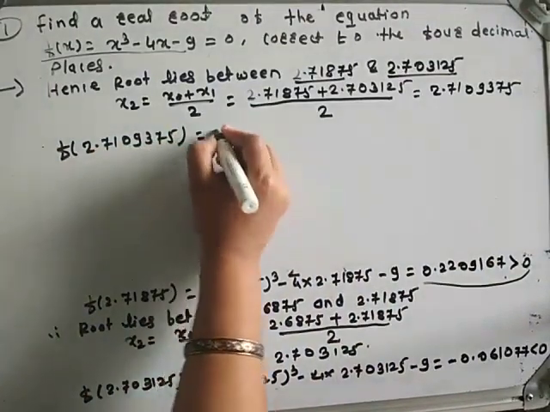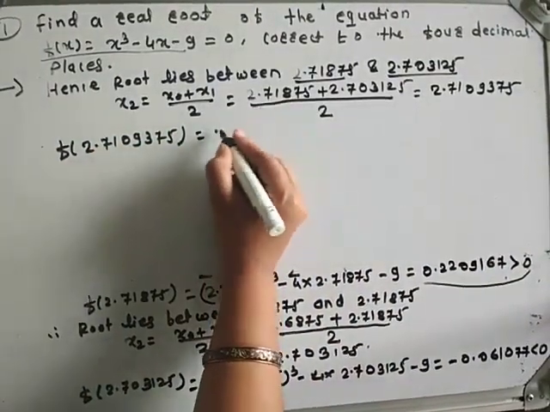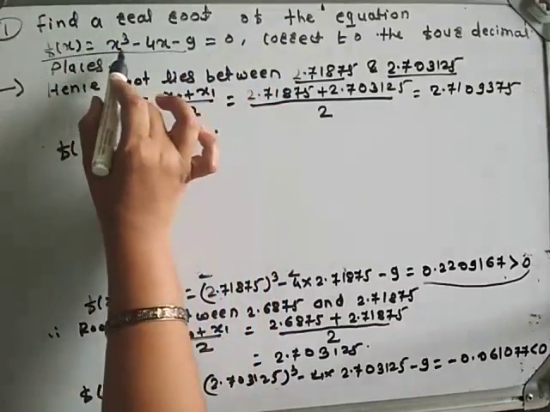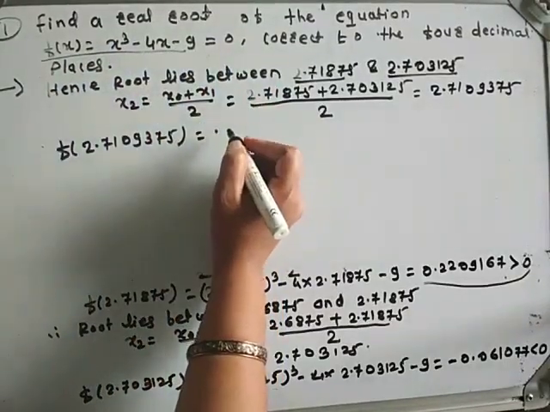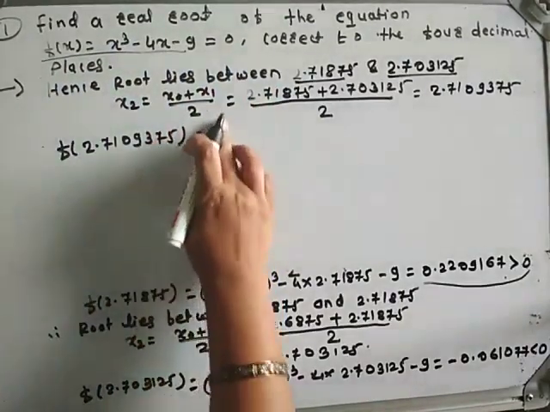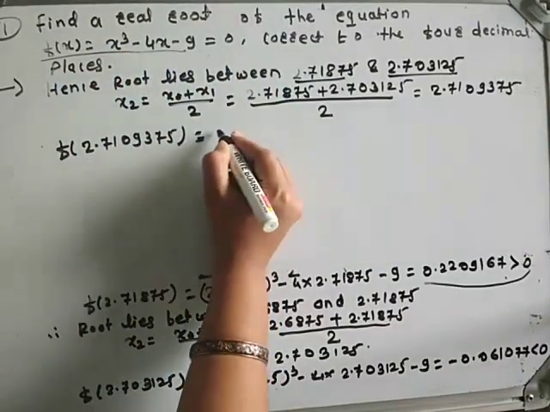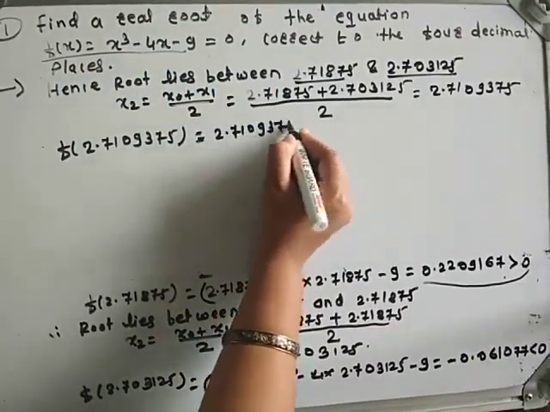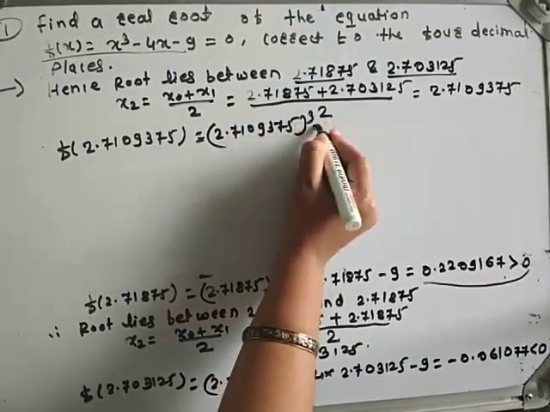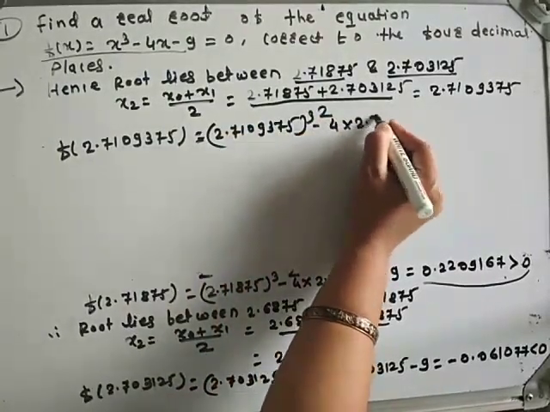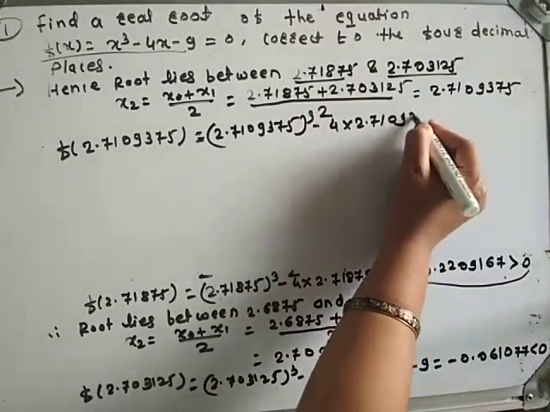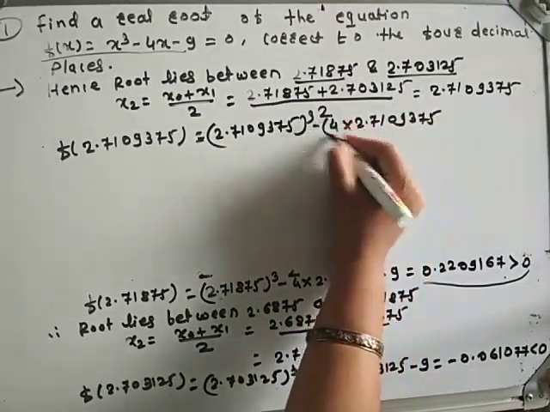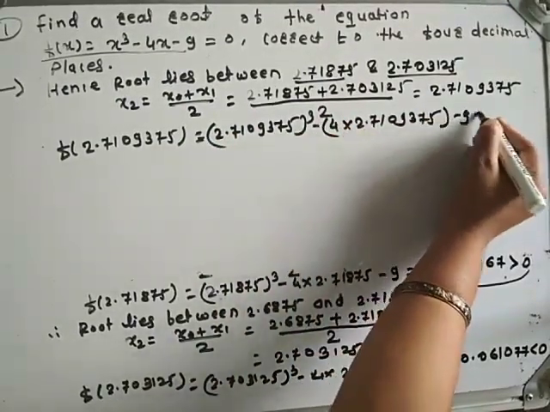2.7109375, which is equal to, f of x is x cube minus 4x minus 9. Therefore, this is equal to 2.7109375 cube minus 4 into 2.7109375 minus 9.